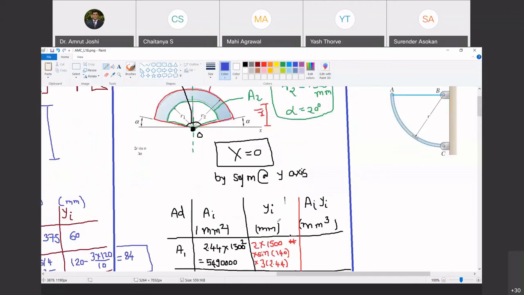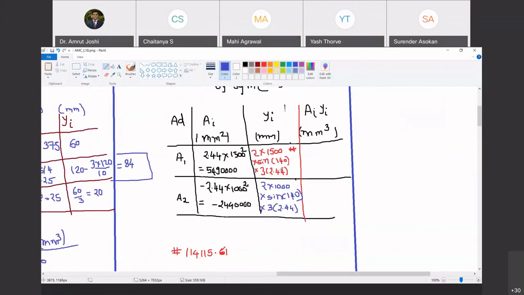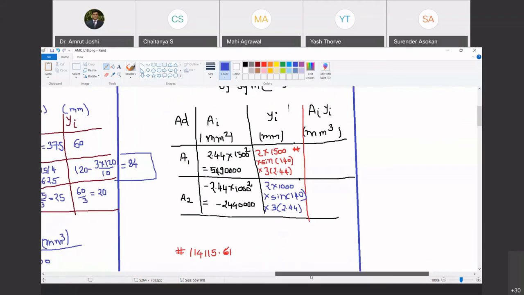No, wait a minute. There is some problem here. क्या गड़बड़ हुई है? सर, एक रेडियन में लिया और एक डिग्री में लिया. No, that's okay. If you put the calculator in radian mode, then you are going to take it as 2.44. That's all right. That's not the issue.